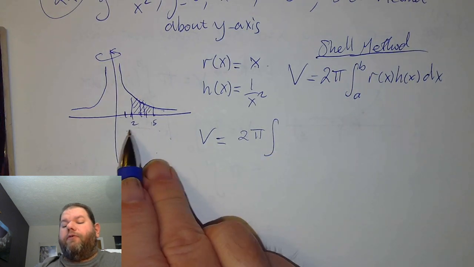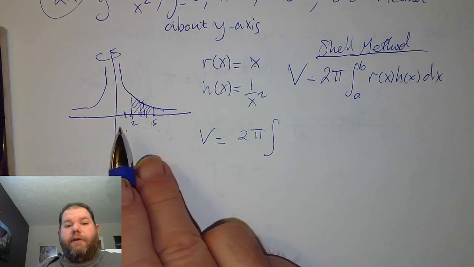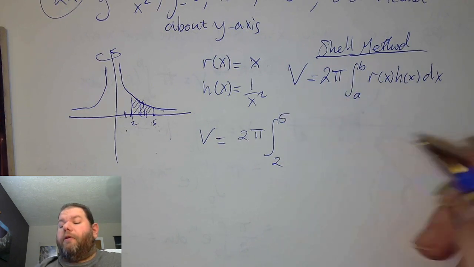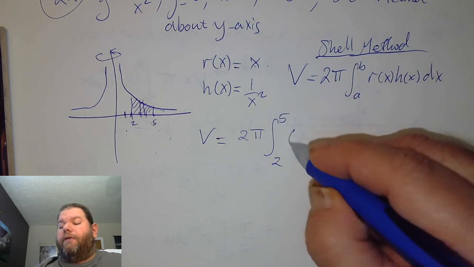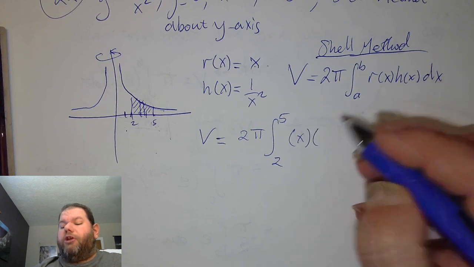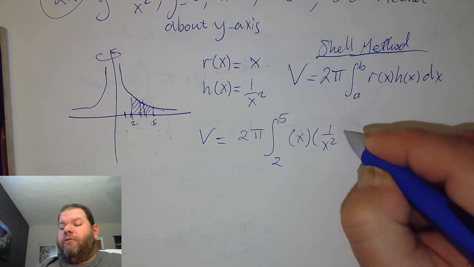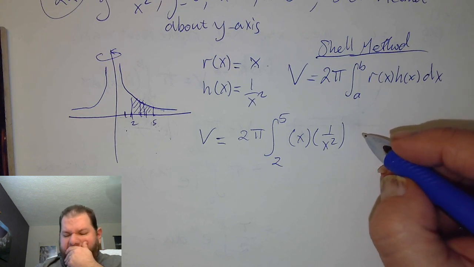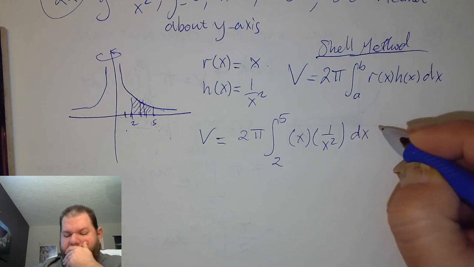We'll integrate from 2 to 5. Those are our limits on the x-axis. Now, r of x, we said, was x. H of x, 1 over x squared. And now we have dx.